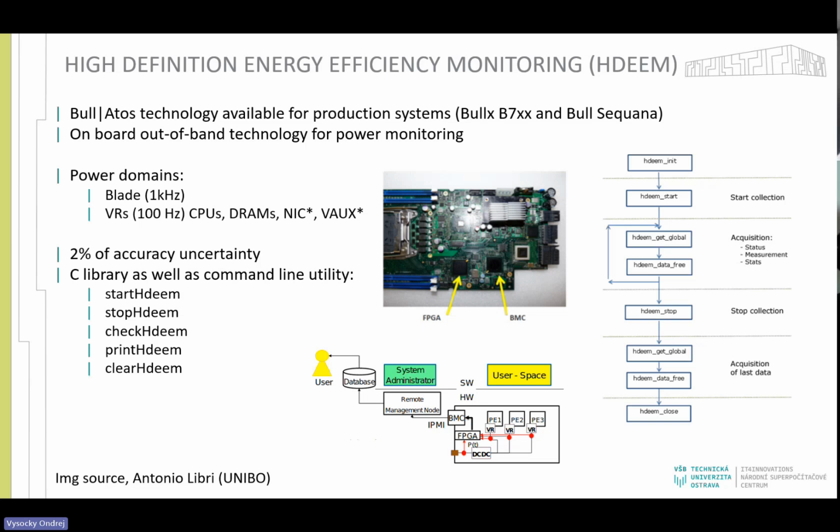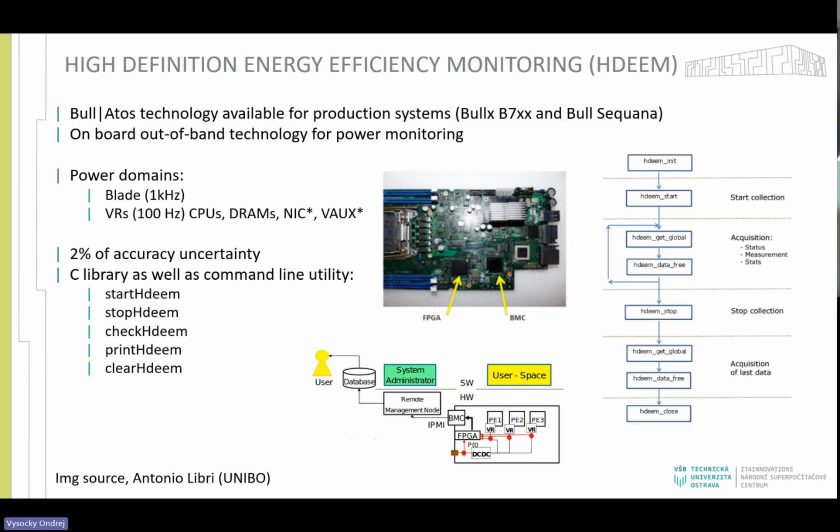Then, using a kernel module, it exposes the information from the internal memory to the application. It provides all the power samples it stores, or just aggregated information about how much energy it has consumed in a specific time period.